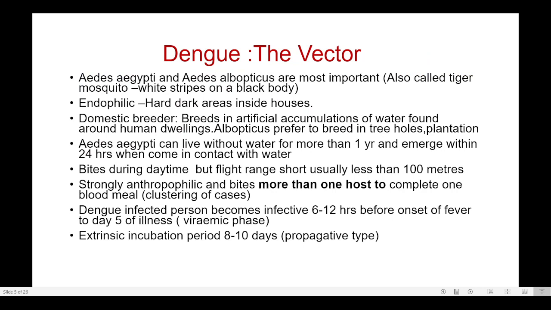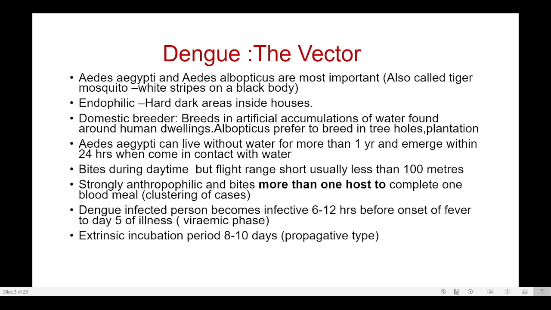Now the vector of dengue. All of you know that the Aedes mosquito is the vector. The main types are Aedes aegypti and Aedes albopictus. They are also called tiger mosquitoes because white stripes are seen on the black body. Their tendency is endophilic, that means they prefer to stay inside houses in dark, hard-to-reach areas.